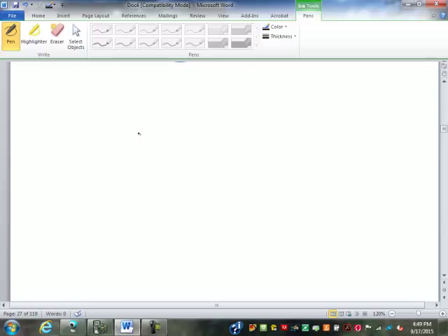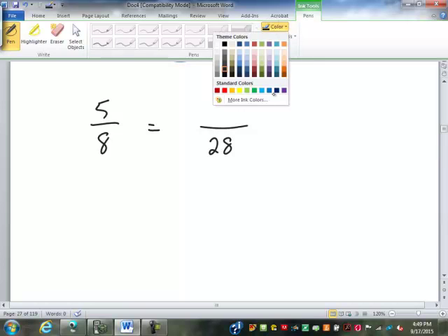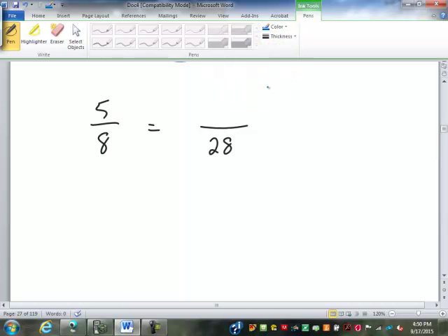Okay, let me do a couple simpler examples. Let's say I have a 5:8 ratio. And over here, I want to know how much that would be out of 28. So I'm going to put x in here, and I'm going to cross multiply.